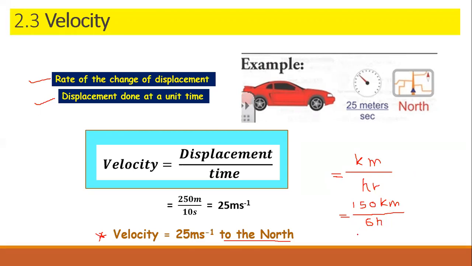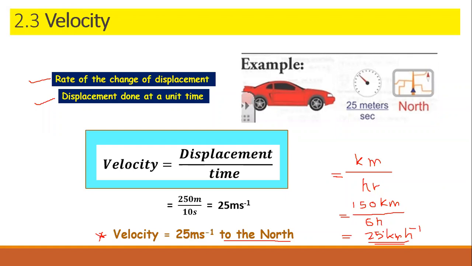So we have to divide that answer. So it's 25. Is that correct? Yeah. 25 kilometers per hour. So that is another question in different units.